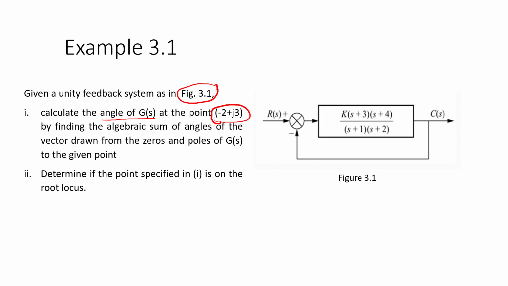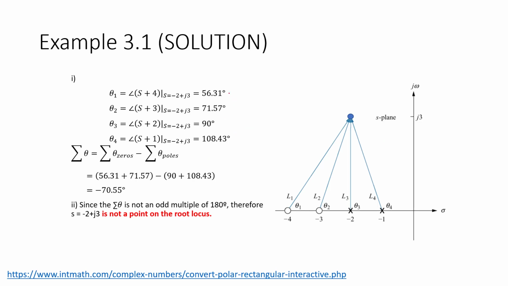Then determine if the point specified in 1 is on the root locus or not. This is the given closed loop system. We can see that there are two zeros and two poles. We want to determine whether this point is on the root locus or not. So let's see the solution.